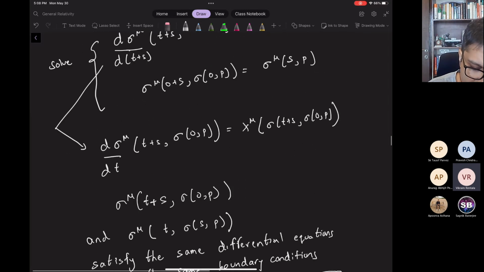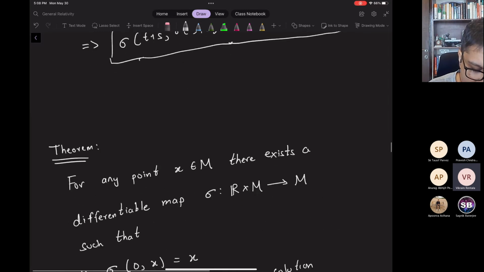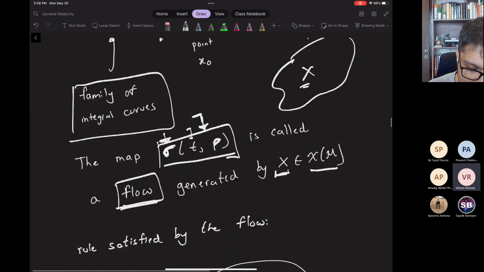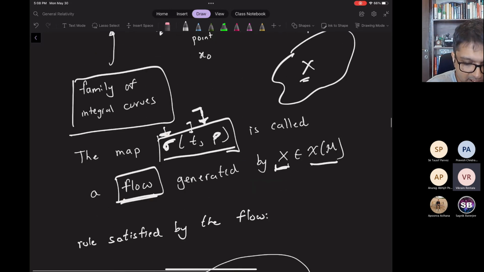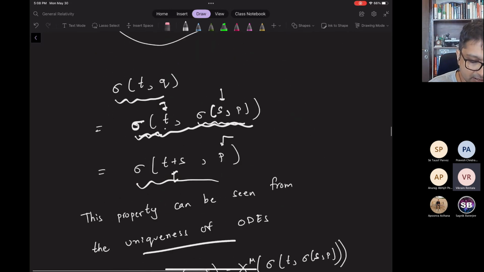Maybe I'll skip over that proof, but you can understand easily why this would be the case. Given the uniqueness of these curves, this map sigma TP will satisfy this additivity property. If I add the parameters T plus S, then this relationship will be true.